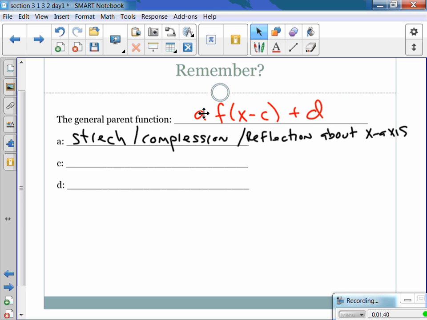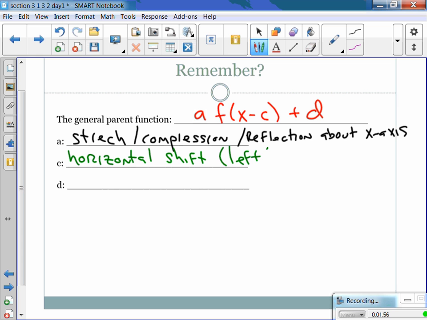What information do we get from there? Shift which way? So, horizontal shift. And lastly d, we have a vertical shift.